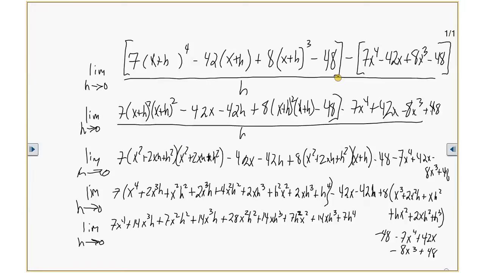Now we got to take the 8 and distribute the 8 here. So y'all get the picture?